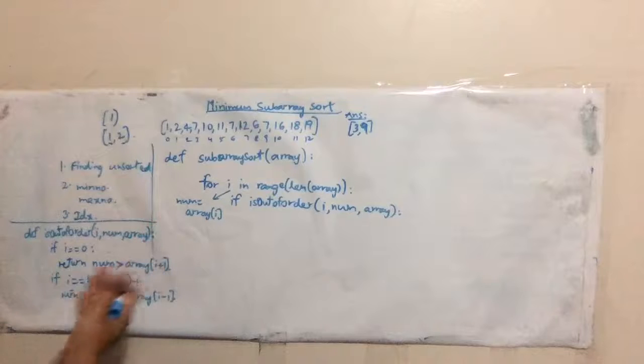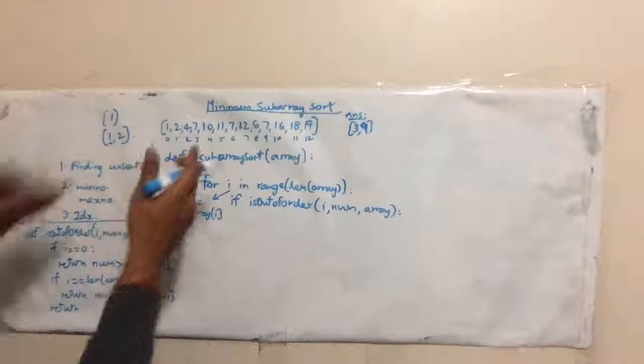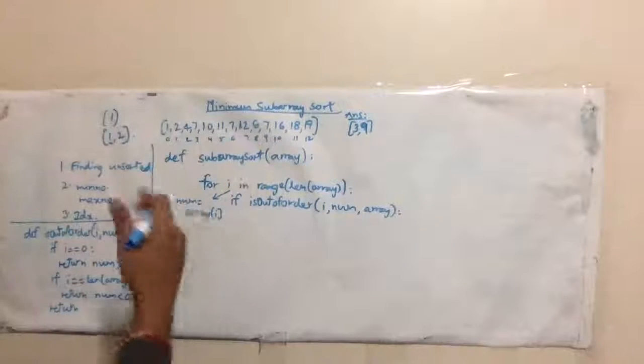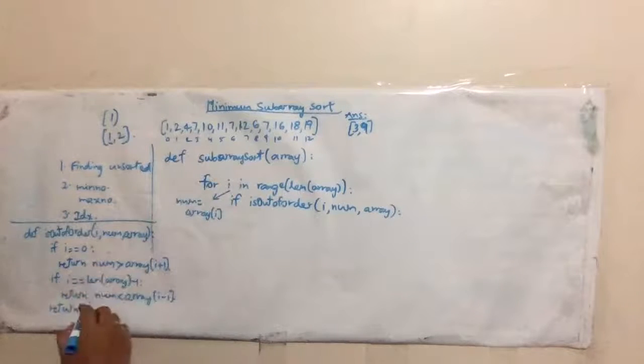But what about if that is not occurring and we just need to return regarding the middle elements? How can we say whether this number is out of order or not? This number should be more than the previous number.